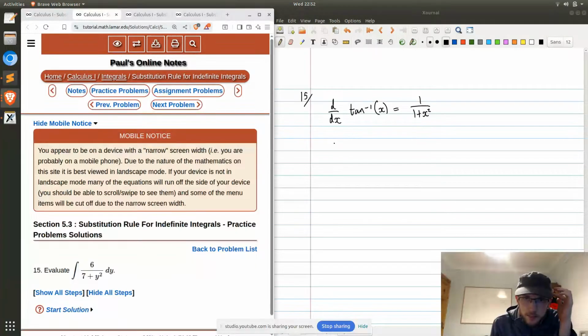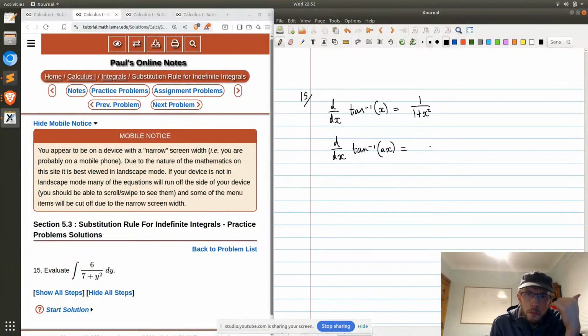So it will just be that, right? 1 plus that squared.